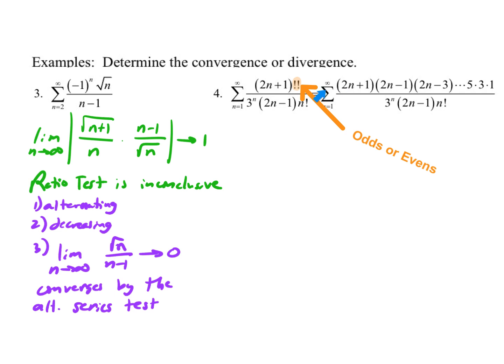So instead of subtracting 1 every time, you subtract 2, because we're skipping the even number in between, right? So this is odd, then we go to the next odd. Subtract 2 again, we go to the next odd. Subtract 2 again, we go to the next odd until we get down to 1. That's what that double factorial sign means. Odds or evens, not both. With the regular n factorial, of course, that's odds and evens, all right?